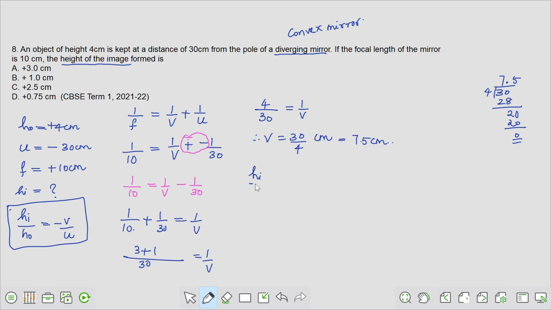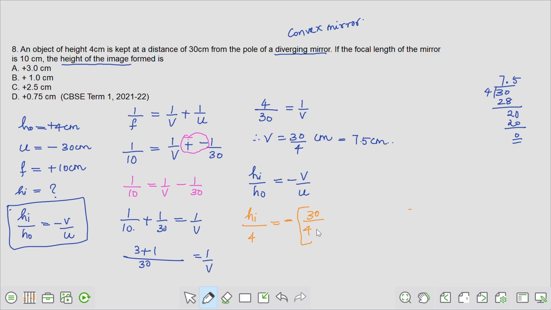HI by HO is equal to minus v by u. So I am substituting. HI by HO is 4, equal to minus is already there, so put it outside the bracket. Now v. Instead of substituting the decimal value, it's always better to substitute the fraction value for easy calculation. So I am substituting 30 by 4.